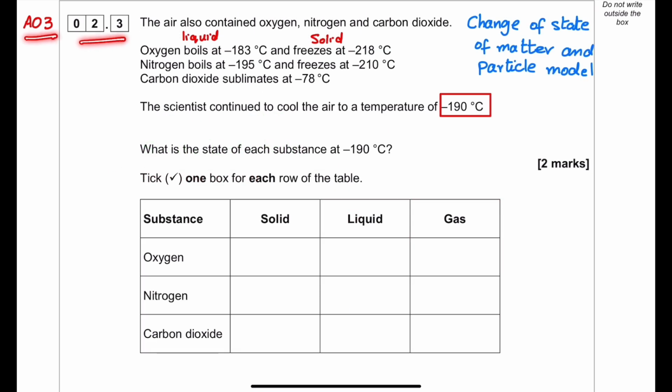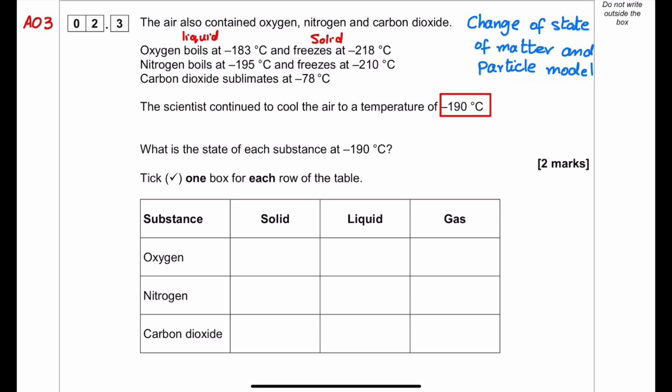2.3 is an AO3 question. The student needs to use the given information and analyze the table given below. The air also contained oxygen, nitrogen, and carbon dioxide. This question is from the change of state of matter and the particle model.